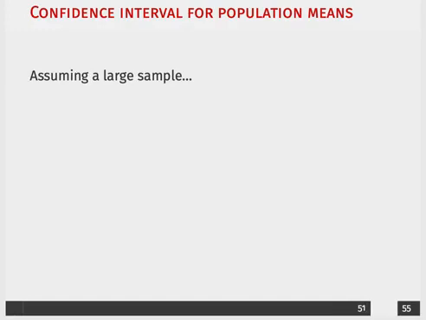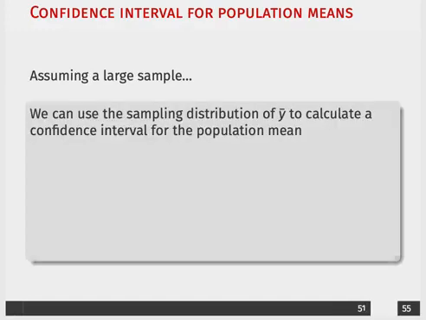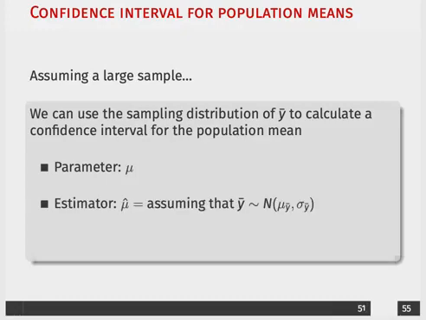The way that this is going to work is that, assuming we have a large enough sample, we are going to use the sampling distribution of, in this case, the mean of y to calculate some bounds around that population parameter.